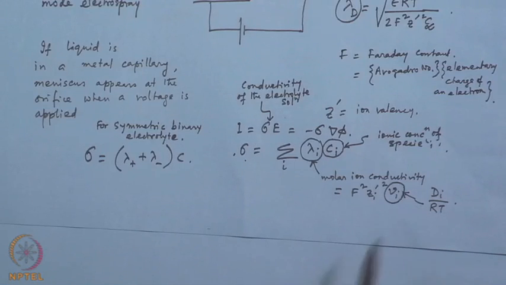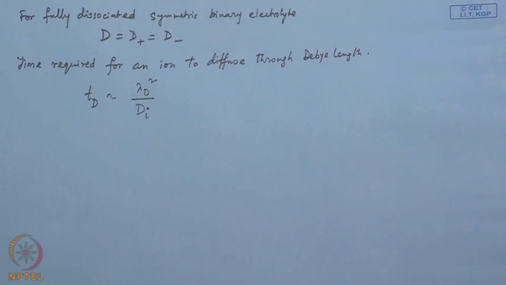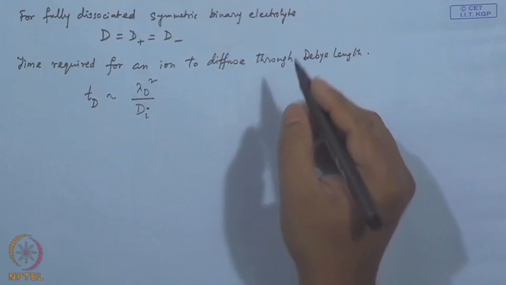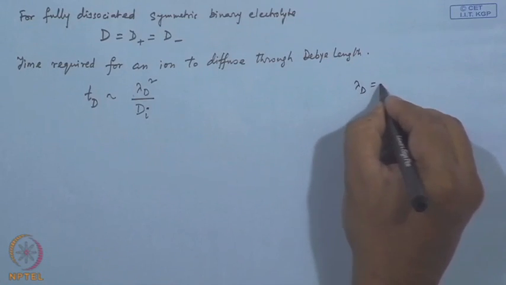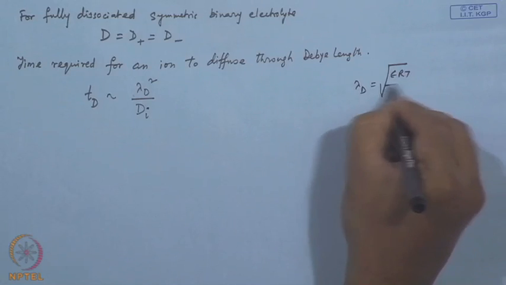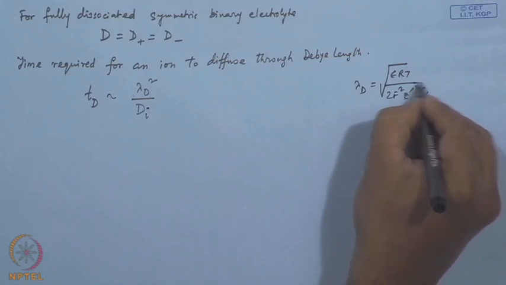So if somebody works now to find out what would be the lambda d square by di in this case, you will find that lambda d square means you had lambda d as square root of epsilon a RT by 2 F square z prime square c infinity. So lambda d square means the square root would be gone.